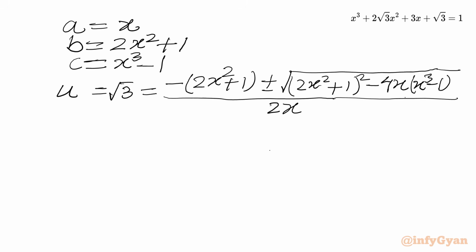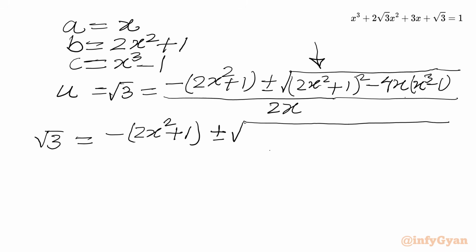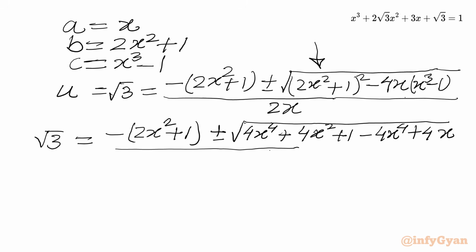Now we have to expand 2x square plus 1 whole square. So we will write root 3 equal to minus of 2x square plus 1 plus minus square root of 4x power 4 plus 4x square plus 1 minus 4x times x cube minus 4x times minus 1, over 2 times x.